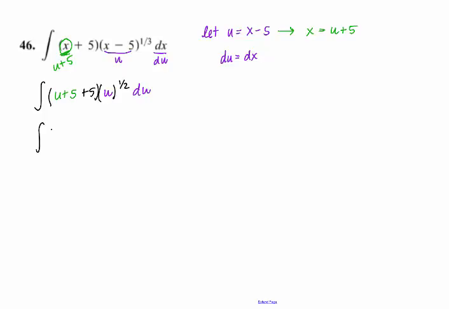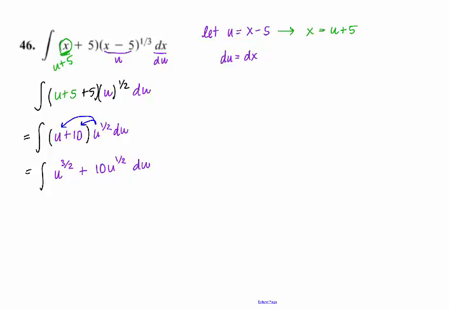The indefinite integral of u plus 5 plus 5, u plus 10, times u to the 1/3 du. And before we can find the antiderivative, we need to break it up term by term. Distribute u to the 1/3 times 10, u to the 1/3 times u. That gives us the indefinite integral of u to the 1/3 times u, that's u to the 1 plus 1/3, or 4/3, plus 10 times u to the 1/3 with respect to u.